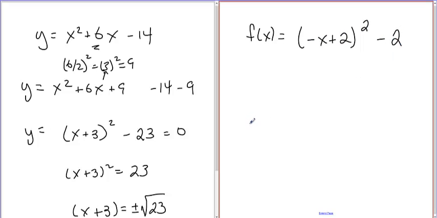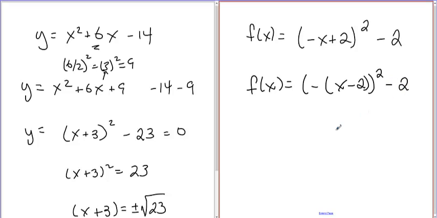And I asked you for the transformations. If you did not write it this way, because I said it over and over again in class, even if you stated the correct transformations, if you didn't rewrite it as this, I took points off. And I kept taking points off if you kept doing it.